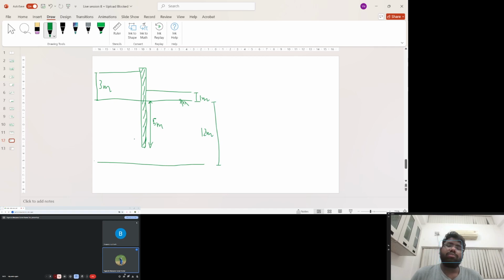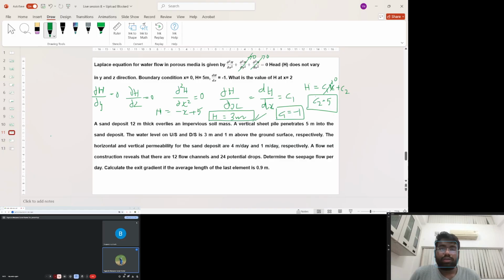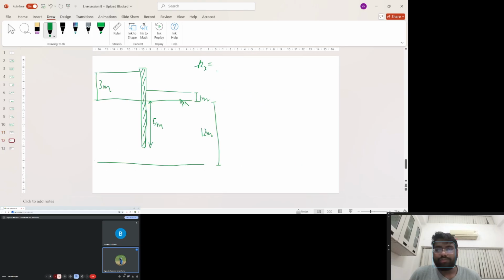Now the major thing they have given is that there is an anisotropy associated with the permeability. So the permeability coefficients along the x and y directions are different. That is known as anisotropic behavior. In this condition, we have horizontal permeability as 4 meters per day and vertical permeability as 1 meter per day.